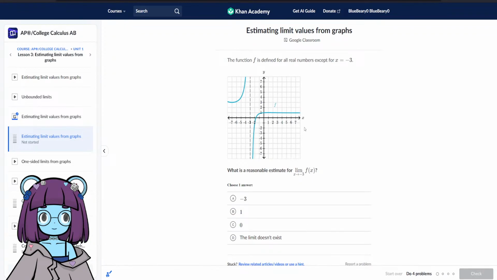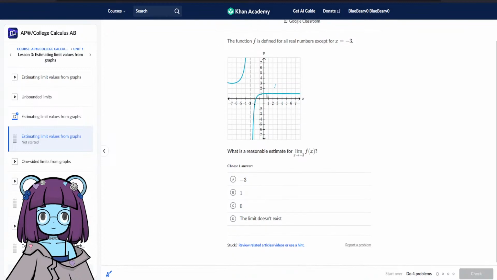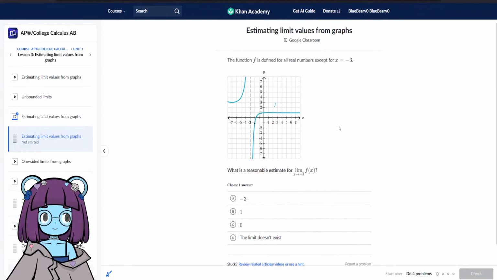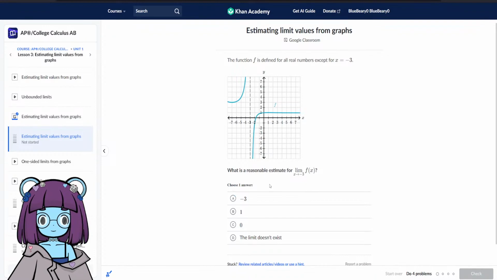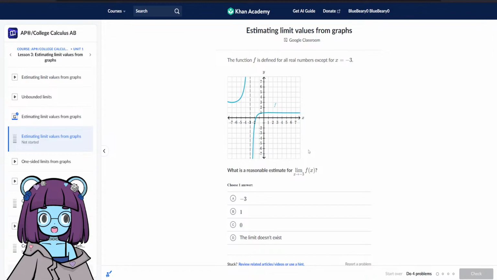The function f is defined for all real numbers except for x equals -3. What is a reasonable estimate for the limit of f of x as x approaches -3? But it's not defined.